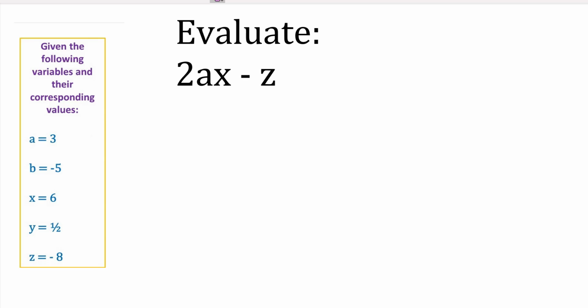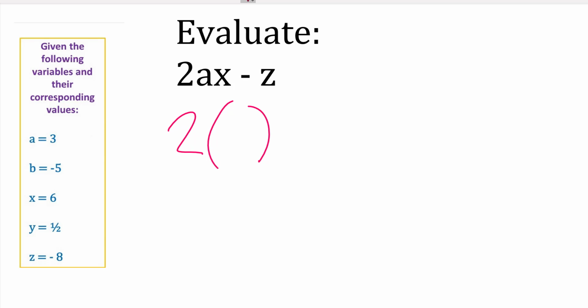Alright, so now we're going to evaluate the expression. You've got 2 there, and we always use parentheses to avoid any confusion. The more parentheses you use, the fewer mistakes you will make.